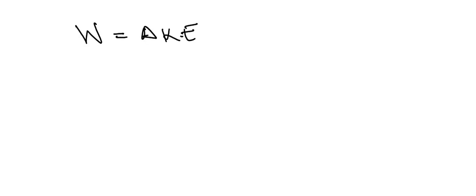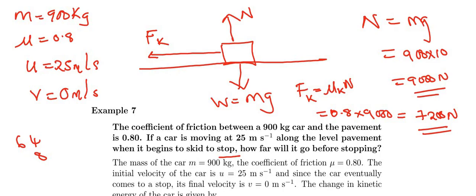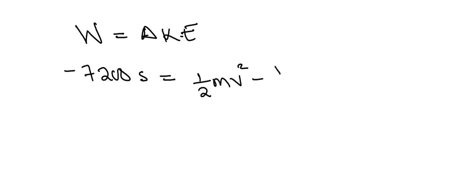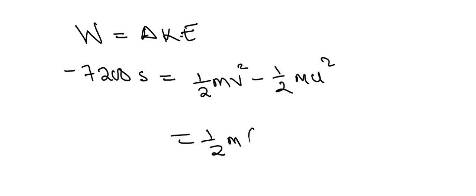The frictional force is 7,200, so you have negative 7,200. The distance is what we don't know. Then the change in kinetic energy. To shorten this, I'll just write the half, because the mass and half are common here. This is what you get.